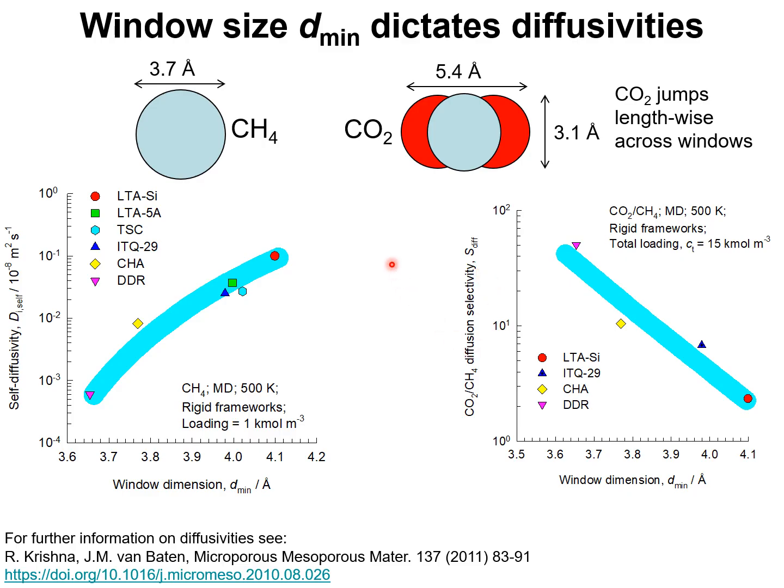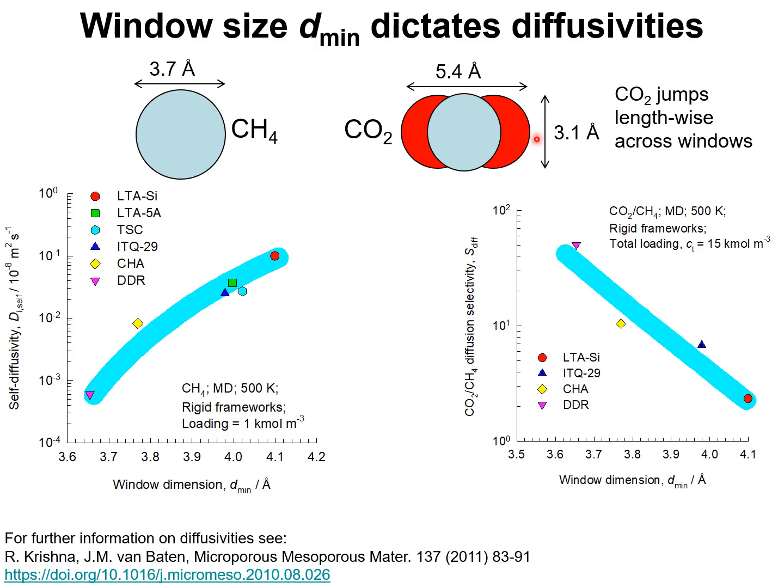Therefore, if we look at the diffusivity of CO2 with respect to that of methane, we note that the diffusion selectivity increases by about 1.5 orders of magnitude as we go from DDR zeolite, which is this point here, to LTA all silica zeolite, which has a pore aperture of 4.1 angstrom.